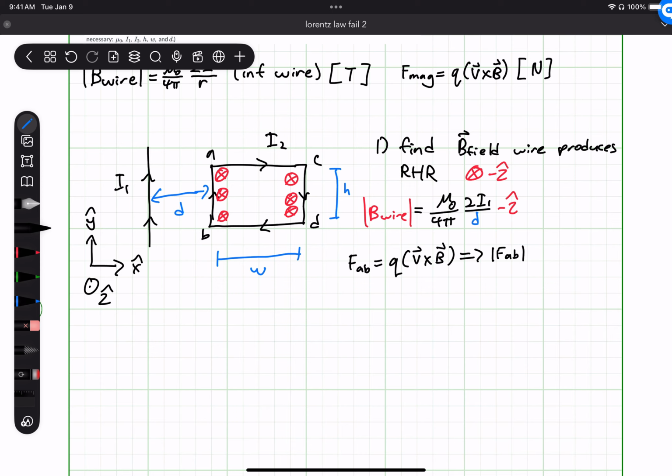The reason I can do this is because I can pretty easily find the direction afterwards with the cross product. And I'll do that in a second. So this will just be equal to Q times the magnitude of V times the magnitude of B times sine of theta.